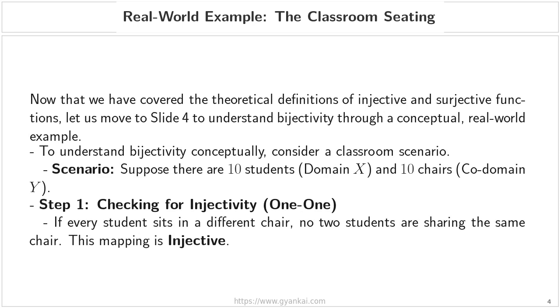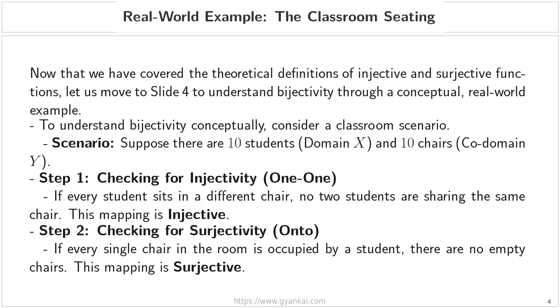First, let us apply the first condition, injectivity, or the one-one property. If every student sits in a different chair, it means that no two students are sharing the same seat. In mathematical terms, each element in the domain is paired with a unique element in the codomain. Therefore, this specific mapping is injective.